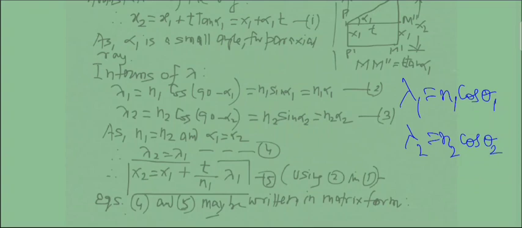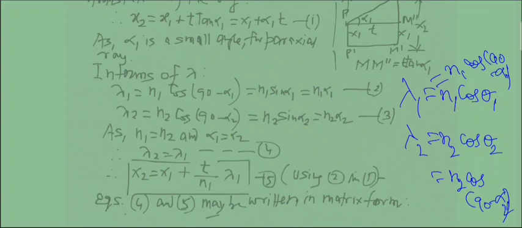Now you know this very well that theta 1 is equal to 90 minus alpha 1, and similarly theta 2 is 90 minus alpha 2, sorry. Now alpha 1 is equal to alpha 2, so theta 1 will also be equal to theta 2.